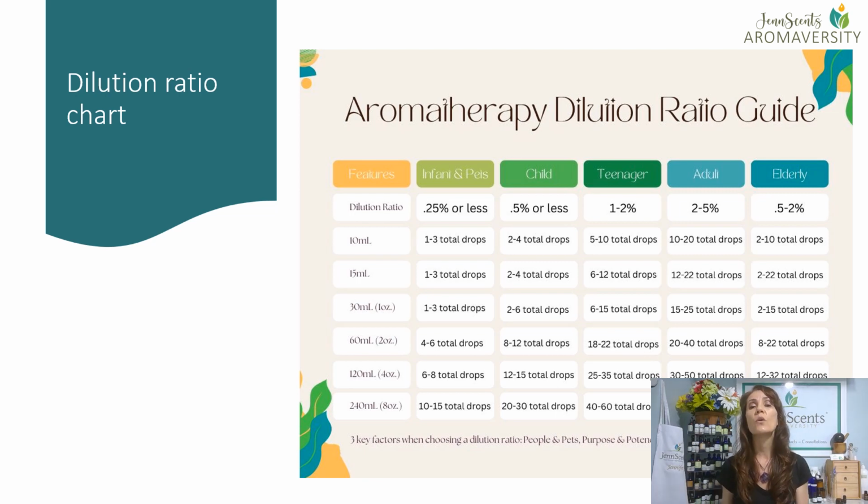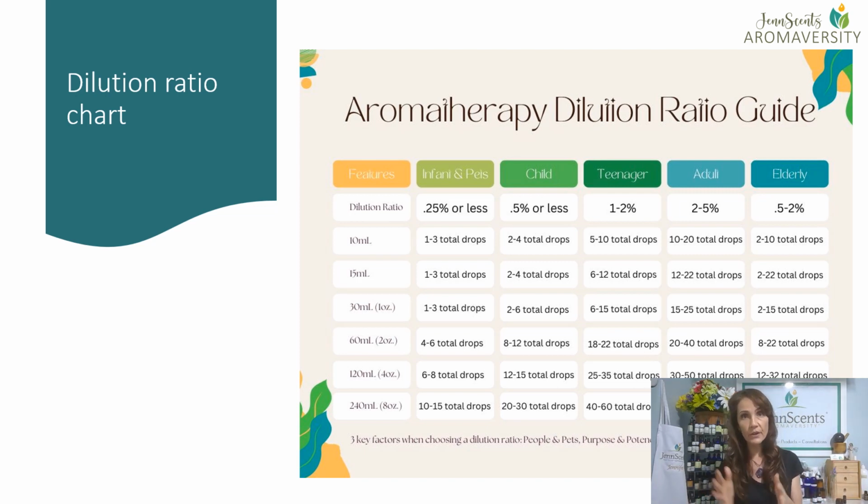So here is a quick glimpse at my aromatherapy dilution ratio chart that I teach at the Aromaversity. And what we're looking at is the person. How old are they? What sensitivities do they have? For children, newborns, babies, and pets, we're going to use very small dilution ratios.